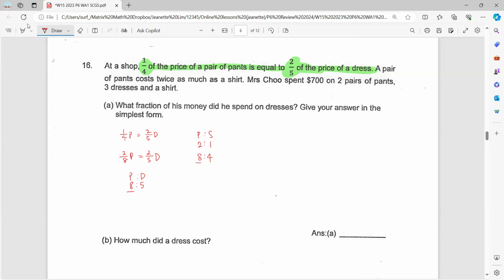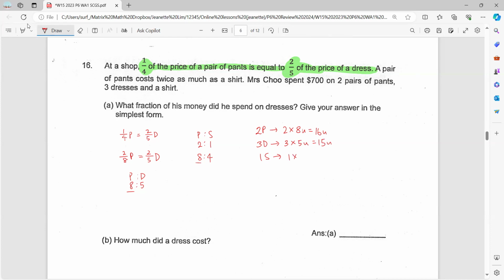Okay, so we need to find what fraction of her money did she spend on dresses. Let's find out in total how much did she spend. So 2 pairs of pants, 3 dresses, and a shirt. 2 pairs of pants will be 2 times 8 units because a pair of pants is 8 units. 3 dresses, a dress is 5 units, so 3 times 5 units.